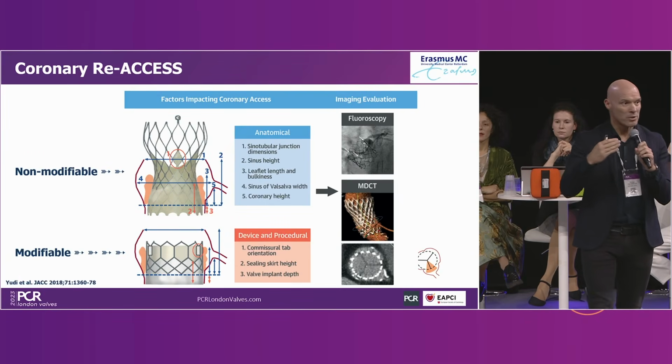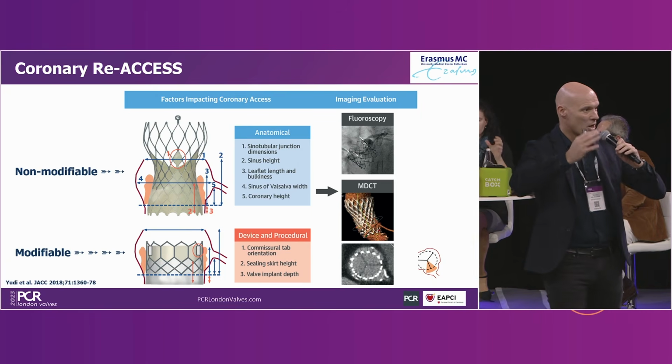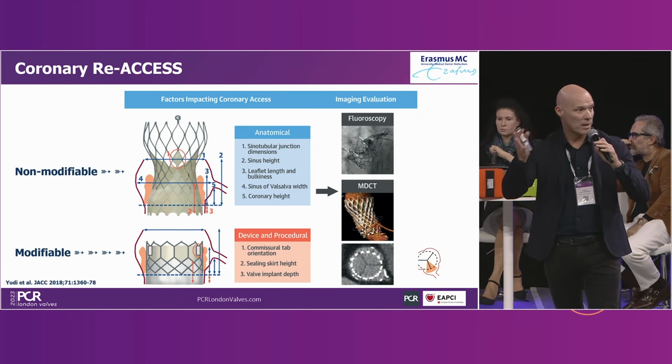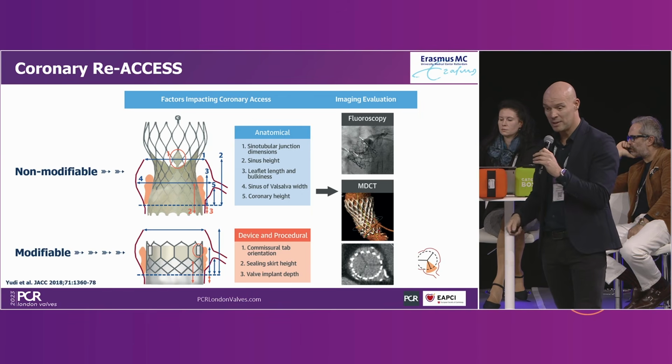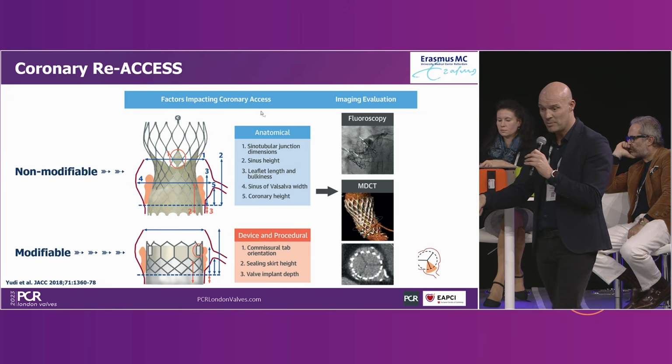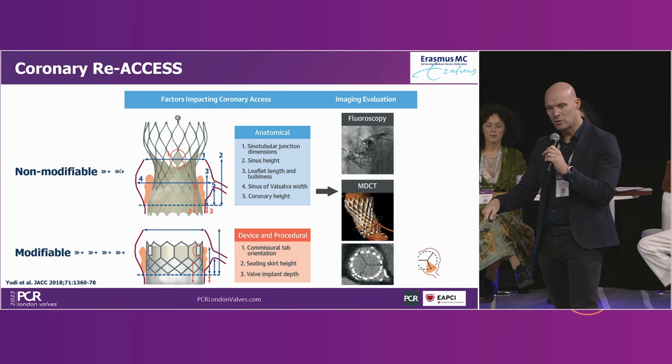For instance, if you have very small sinotubular junctions below 26 millimeters, then basically all the self-expanding systems are out of the equation because you need enough volume for these larger frames to expand. So that's one important part. Also, the smaller it gets, you can imagine that it may become more difficult to get through a strut into a coronary if this is very tight.